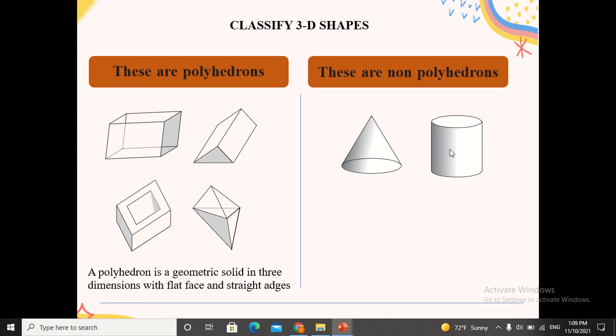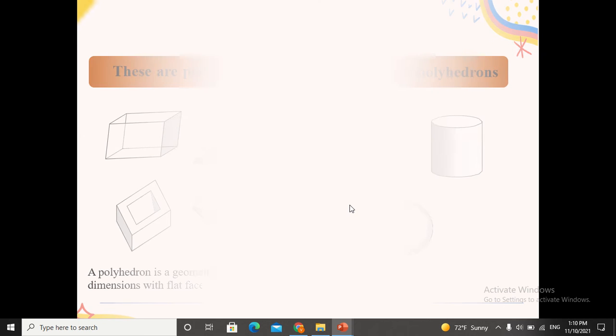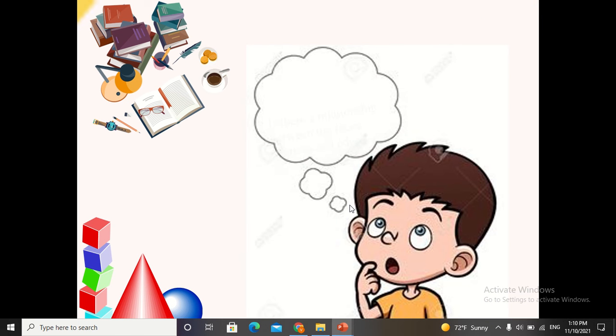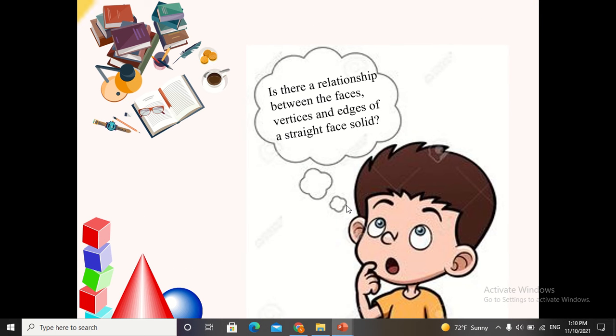Next, cylinder. A cylinder has two circular bases, top and bottom, and a rectangular lateral surface. And the last is the sphere, which has a circular cross section on any cut. Is there a relationship between the faces, vertices, and edges of a straight-faced solid? Yes.